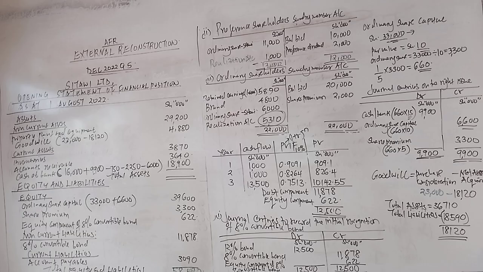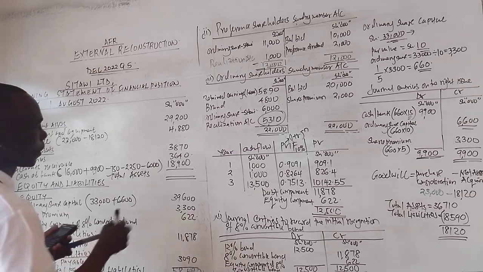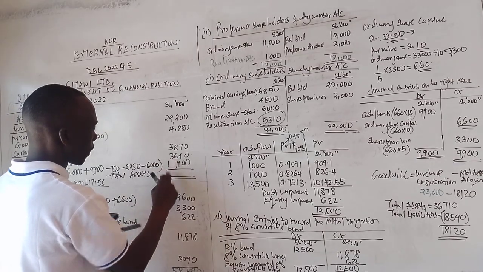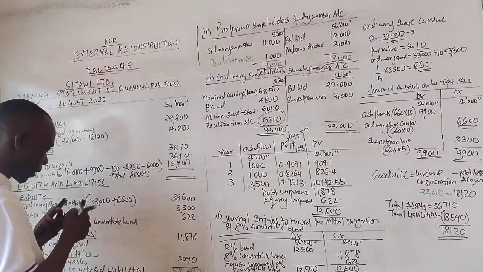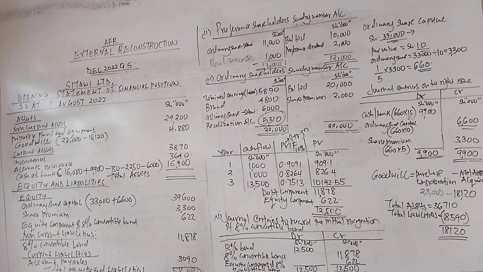Then we less 2250. Then we less 6,000. And we are getting, this is not 18, but we will get 16,900.